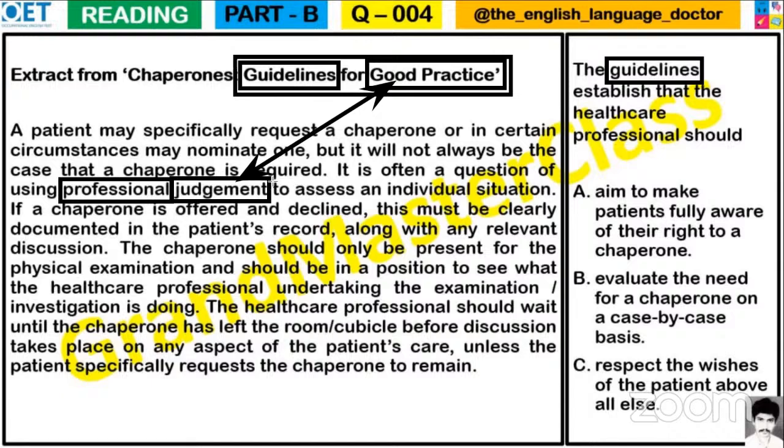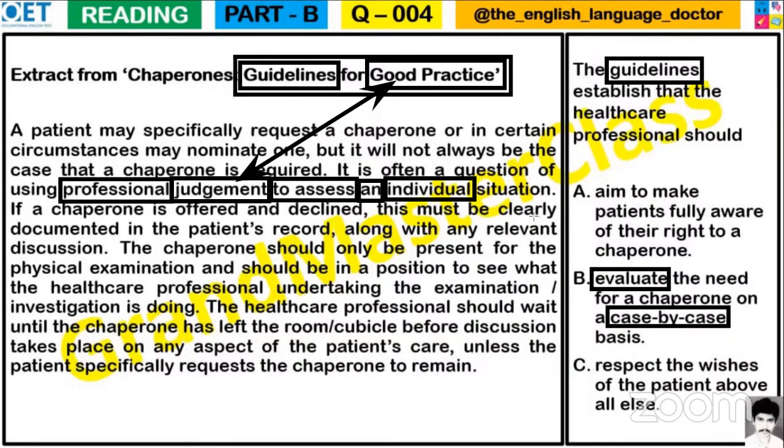to assess. That means you should evaluate. Evaluate what? An individual situation. Individual means case by case. Every situation you have to check on an individual basis, case by case.